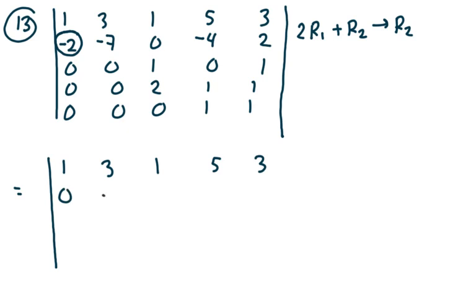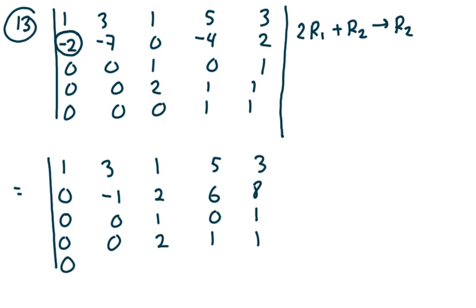And then we get -1, 2, 6, and then I think that's 8 for the second row, right? And then 0, 0, 1, 0, 1 for the third. 0, 0, 2, 1, 1 for the fourth. 0, 0, 0, 1, 1 for the fifth.